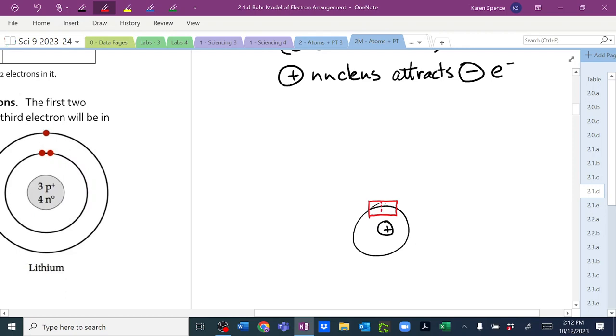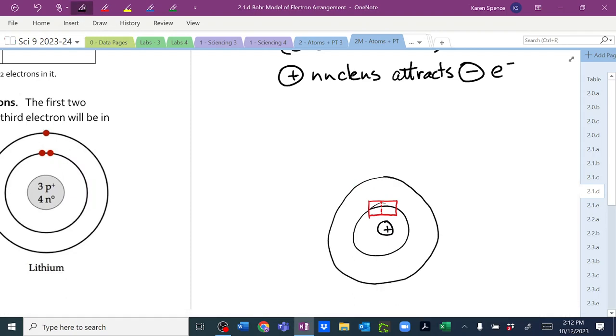And that room has space for 2 electrons in it. Every room can hold maximum 2 electrons. So electron number 1, where's it going to go? It's going to go in that room, okay, on shell number 1.